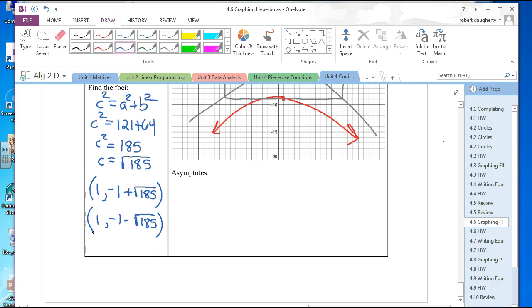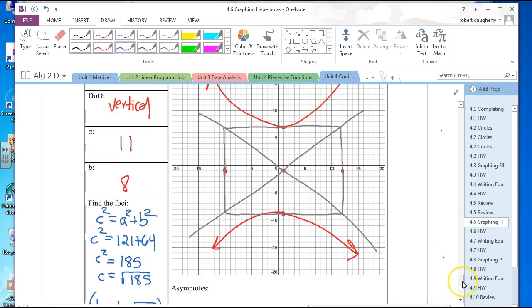Okay. And what is the square root of 185? It's what? 13.6. So if I subtract, that's about 12.6. So negative 1, 12.6 is somewhere up in here. And then negative 1.